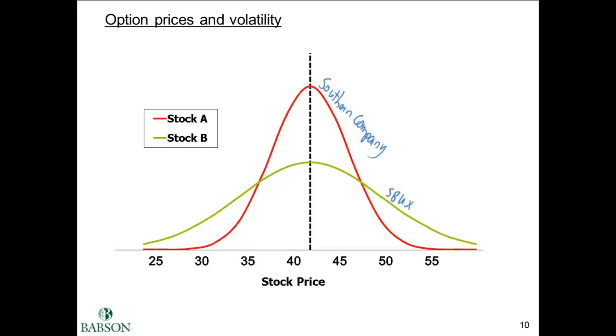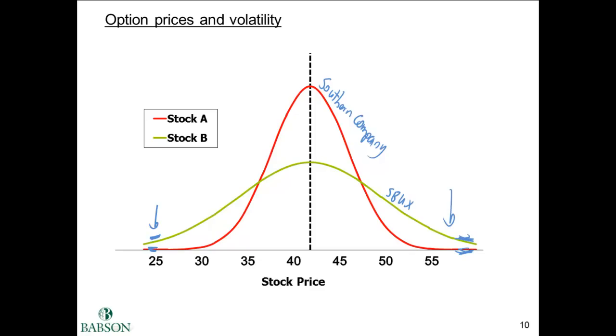So Southern Company looks like the safer stock, fine. But notice what that also means, that there's a lower probability of ending up in the tails for Southern Company. There's almost a 0 probability that Southern Company is going to end up way out here, and there's a positive probability that Starbucks is going to end up out here.